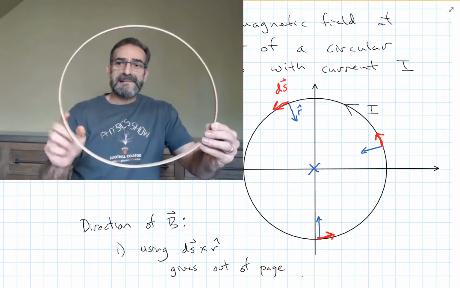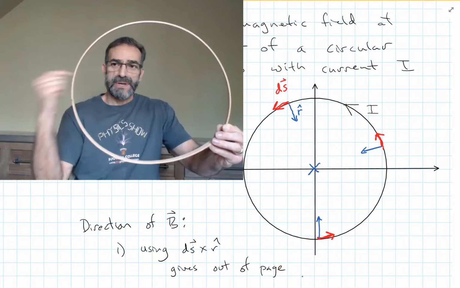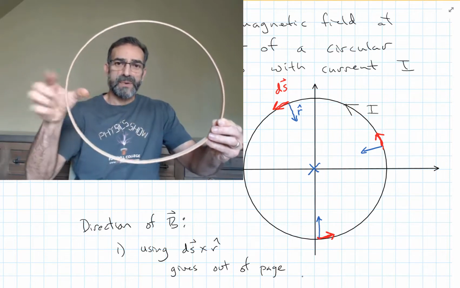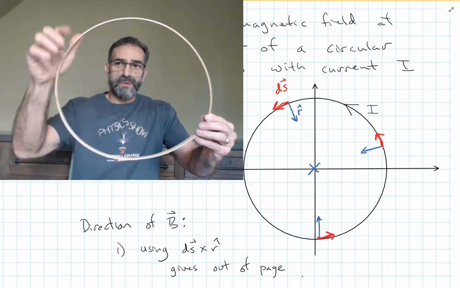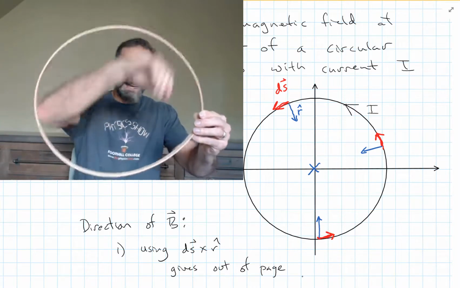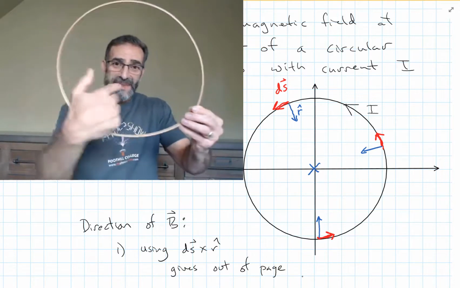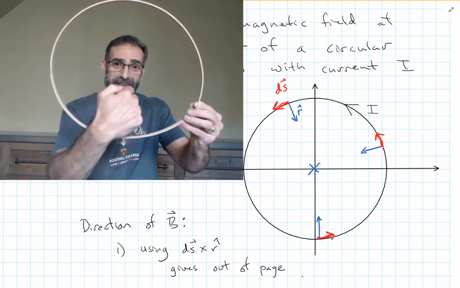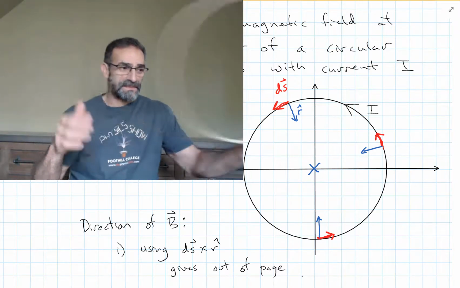So the magnetic field lines will form circles around the wire. And if I'm at the center, no matter where I am on my current-carrying wire, the magnetic field will point away from the camera toward me if I'm using this loop.